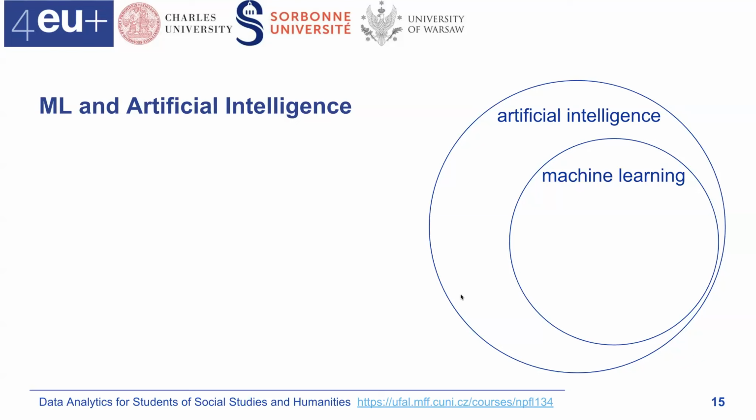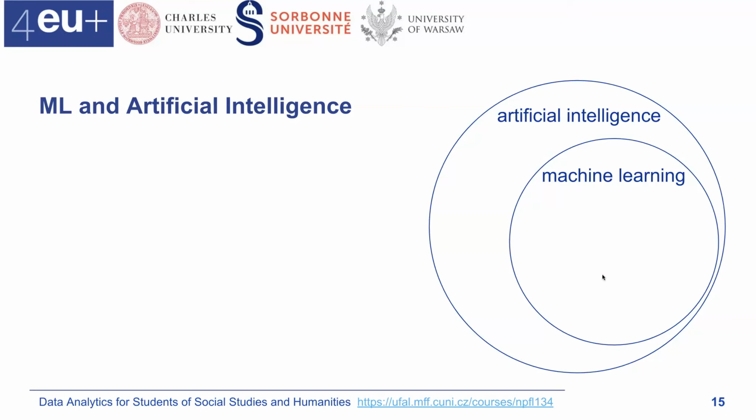Let me mention some key differences between the two. As you can see in this visualization, machine learning is a subset of artificial intelligence. Artificial intelligence refers to creating machines or systems or computers that can perform tasks that would typically require human intelligence, such as reasoning, problem solving, and decision making.